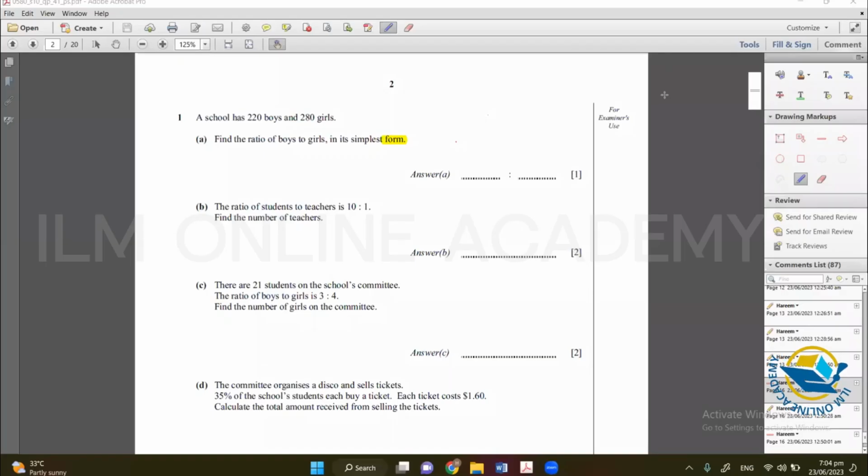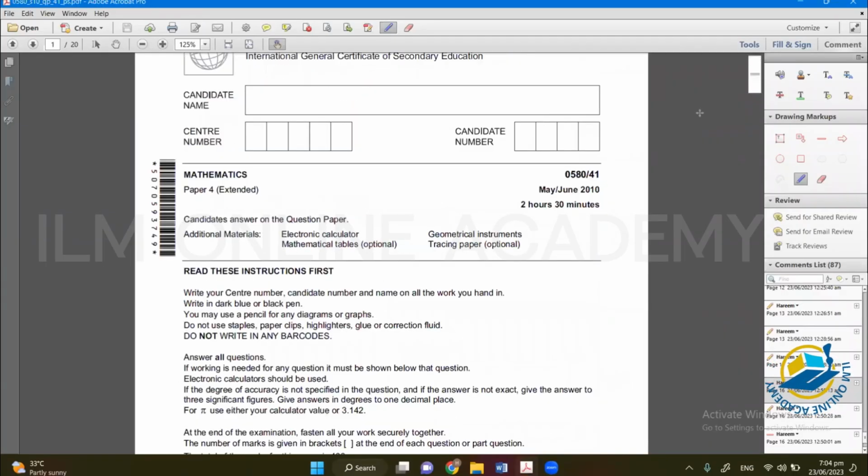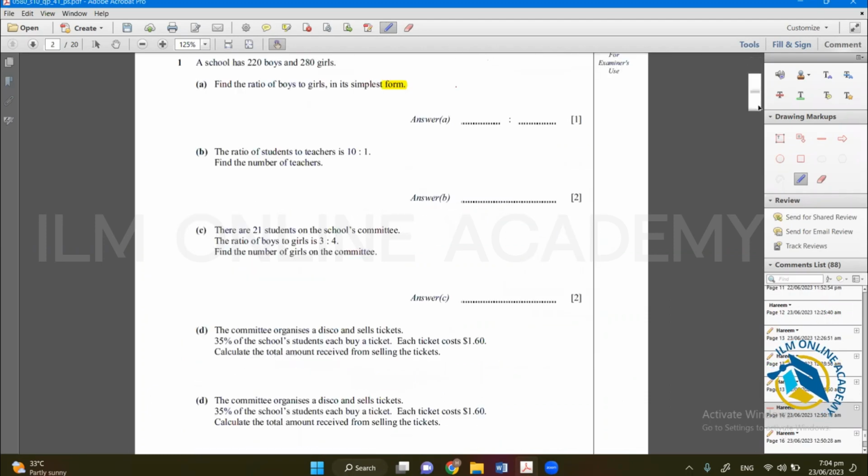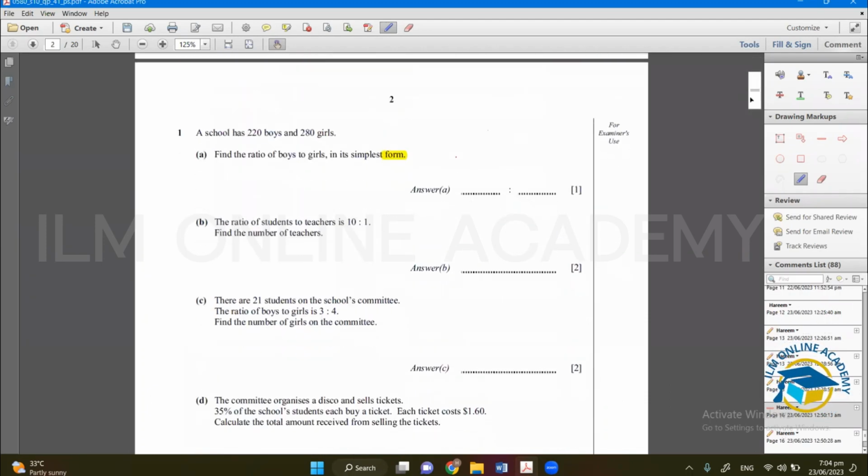We have our paper. This is paper number 4, May June session 2010, series 1. Our first question is: a school has 220 boys and 280 girls. In part A, they ask to find the ratio of boys to girls in its simplest form.